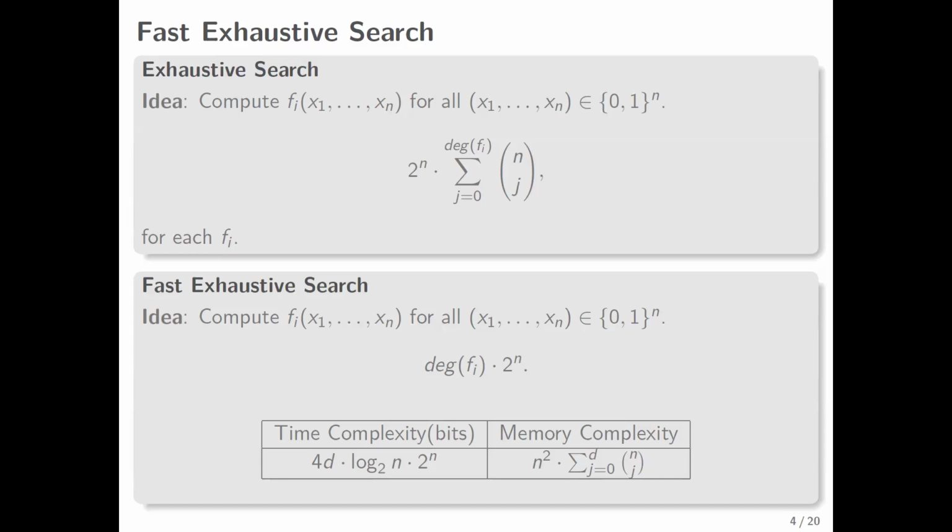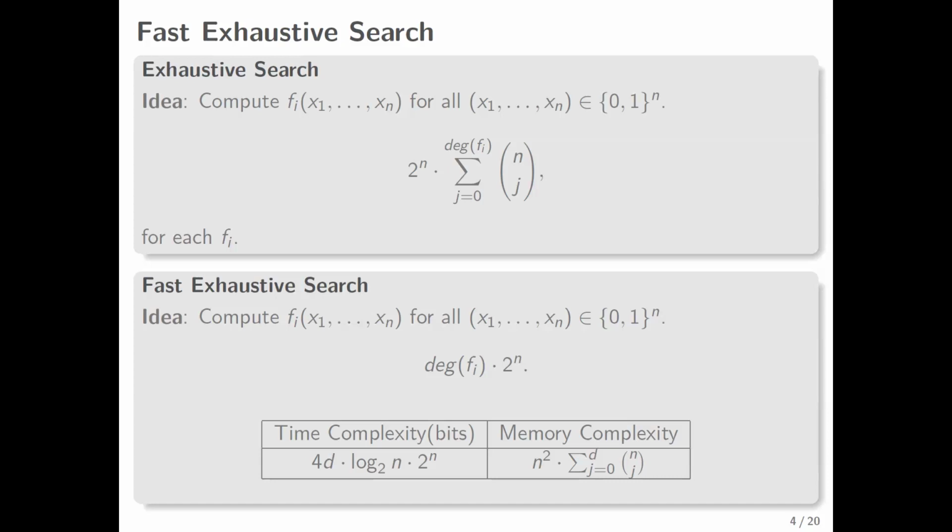For the case of our interest, where we have n variables over a binary field, the possible number of solutions is 2^n. And each polynomial has n choose j monomials of degree j. So the total complexity of iterating over all possible solutions and evaluating the polynomials is 2^n times the number of monomials that we have in the system.